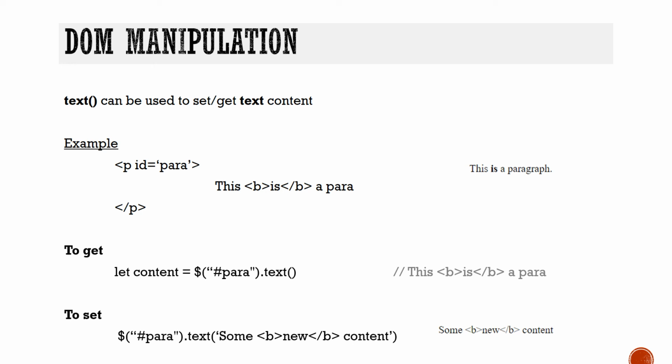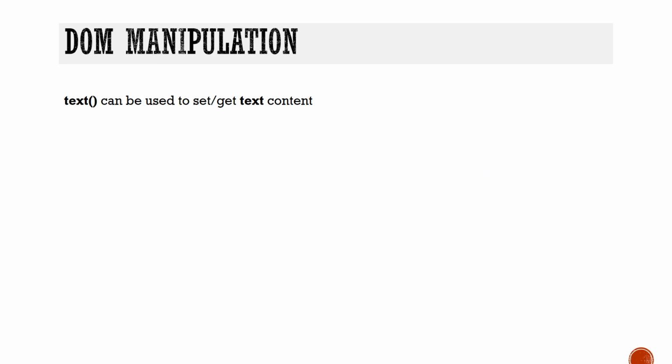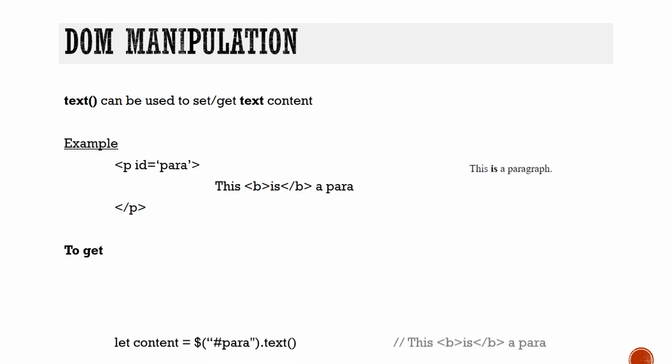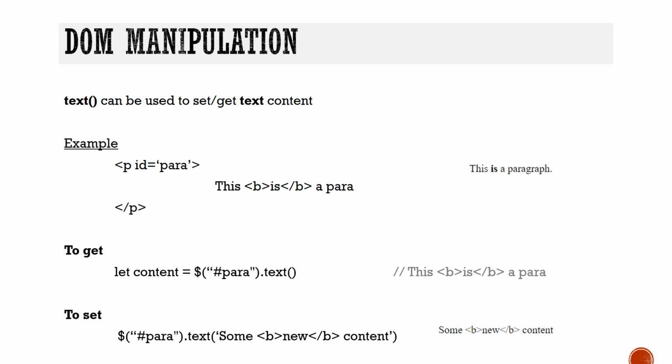But with the HTML method, if we go back, you can see when I supplied the string, I had B tags, with the word new wrapped in my B tags. In the resultant HTML, the word new was bolded because that's what I supplied to my HTML. But for the text, everything is treated as text only. So that's the key difference between text and HTML in jQuery.